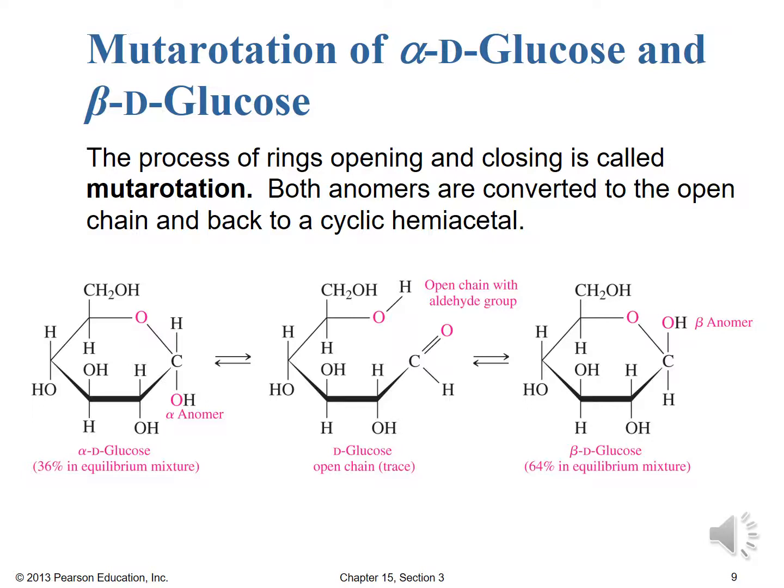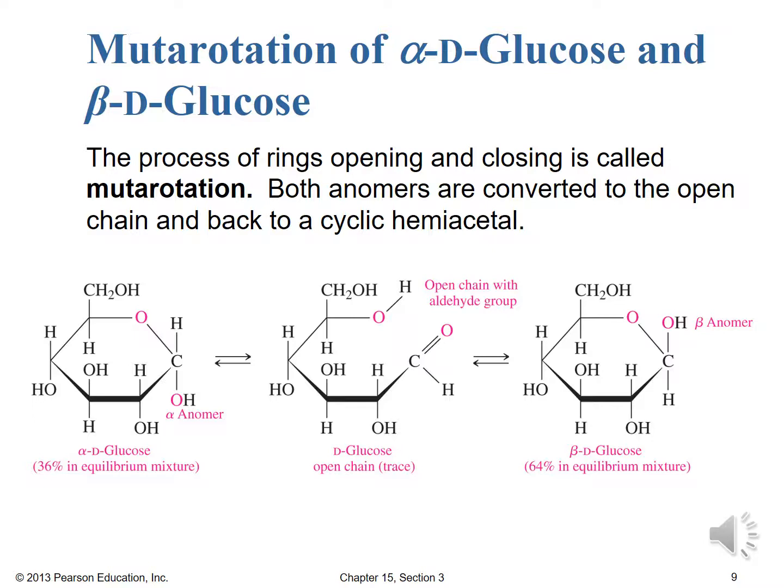Glucose appears in all 3 forms at different times and in different amounts, but averaged over that dynamic equilibrium, we tend to have very little, less than 1%, in that open chain form, most of it in the beta form, beta D-glucose, the beta anomer, with that OH group above the ring, just like carbon 6 there is above.